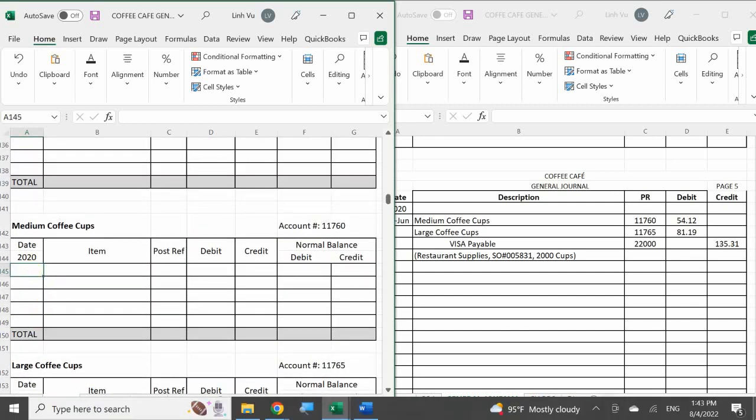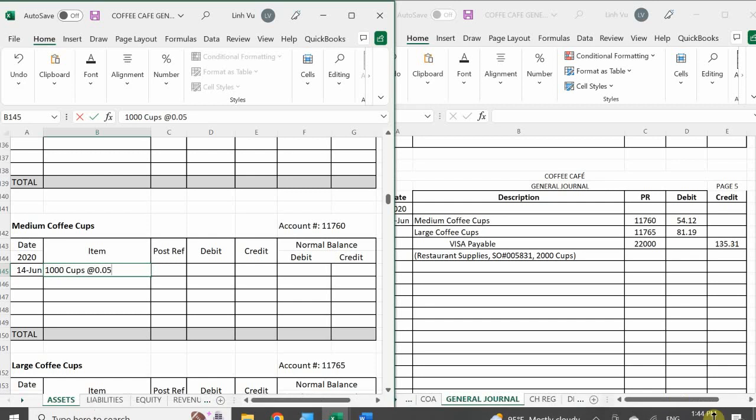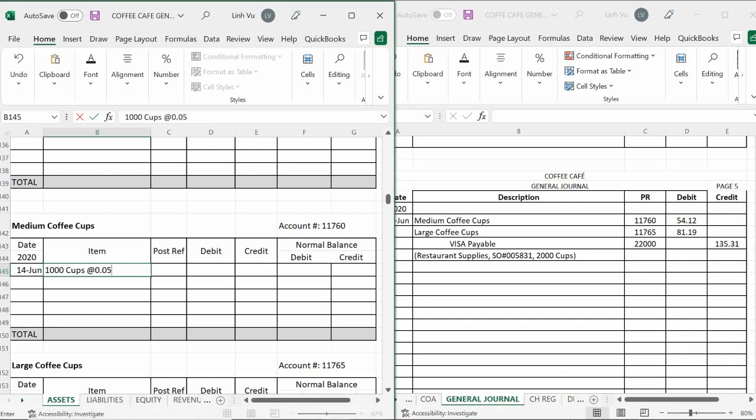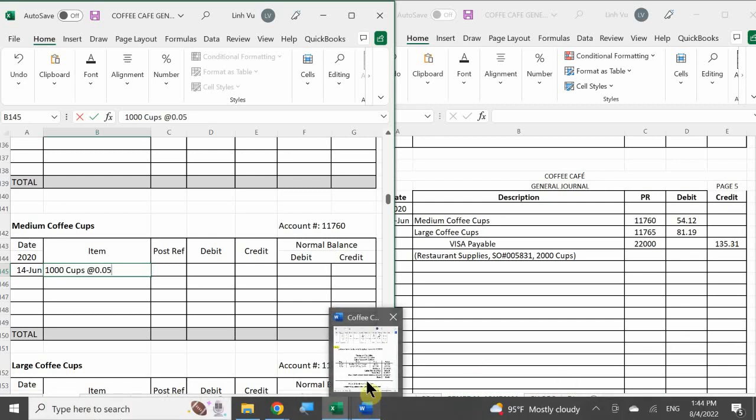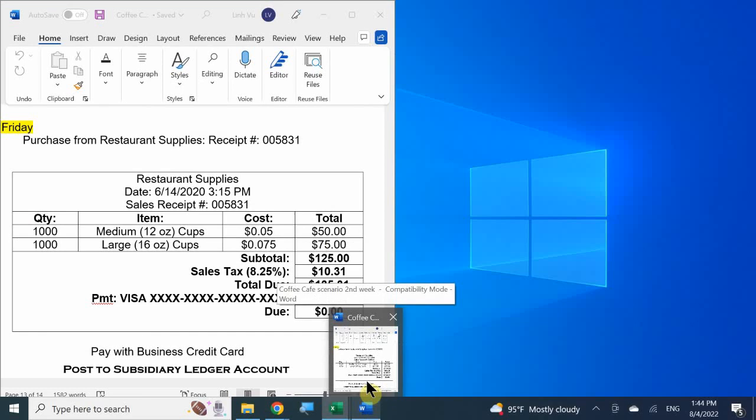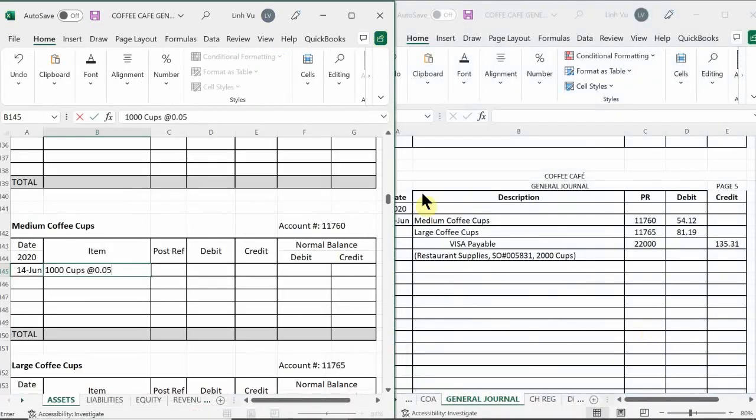Now, in this case, today is the 14th. We purchased 1,000 cups, right? How much were they each? I think there were 5 cents each. Yep, 5 cents each. Okay.